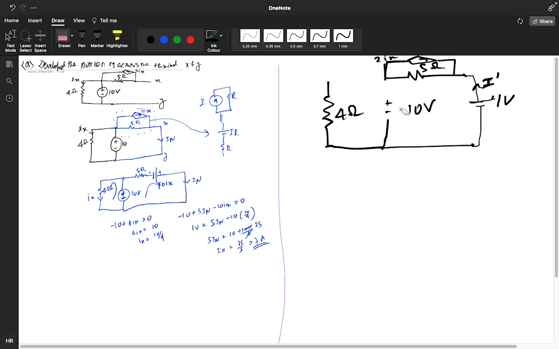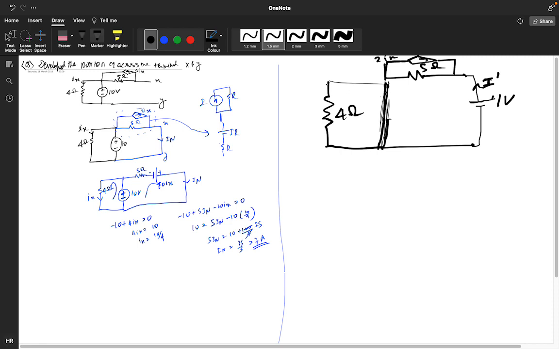So we have to short circuit this particular independent voltage source. So this is short circuited.